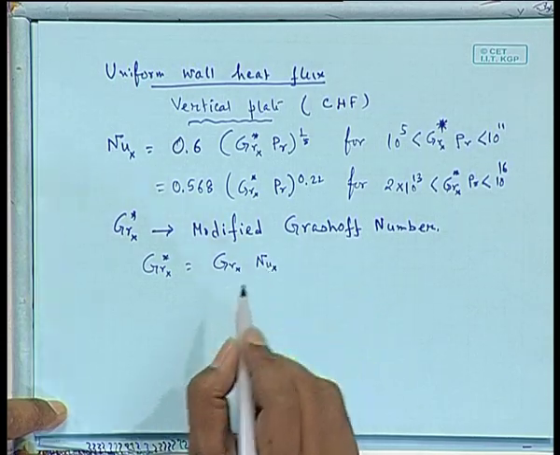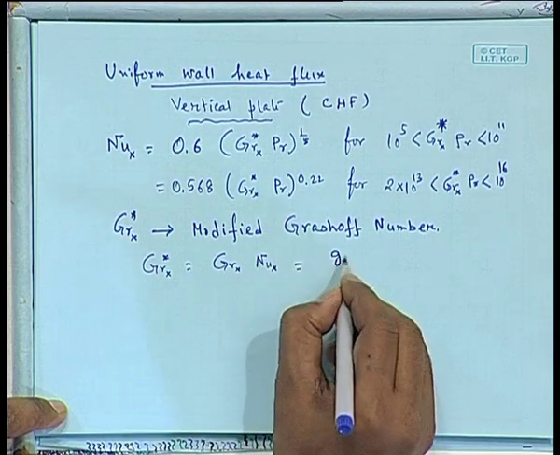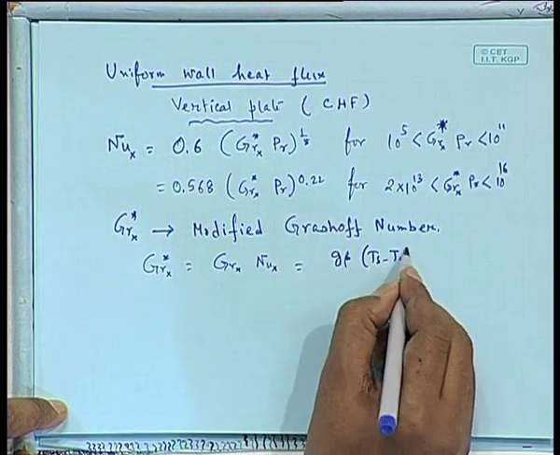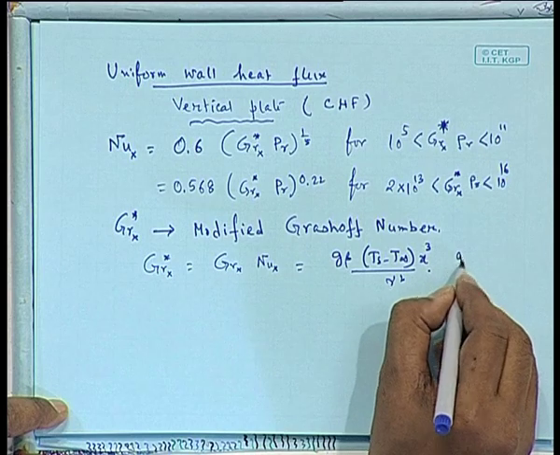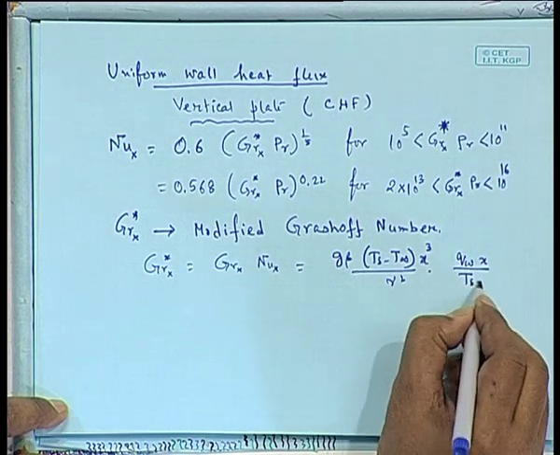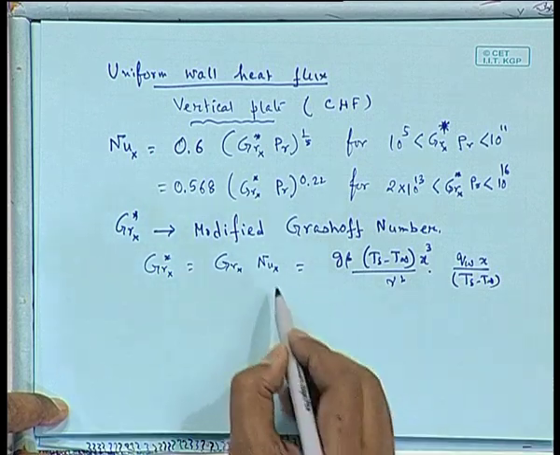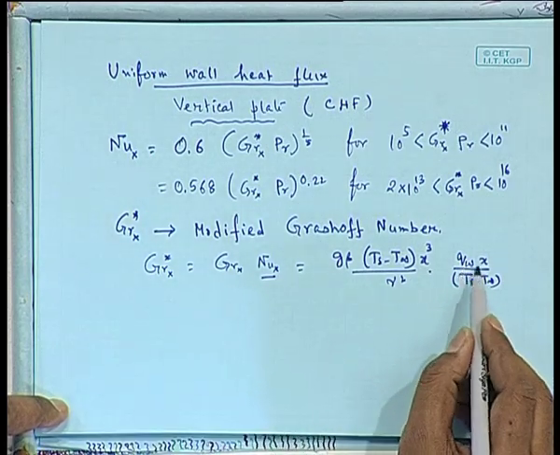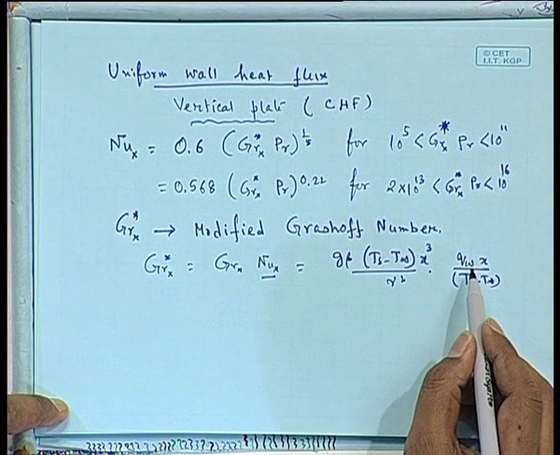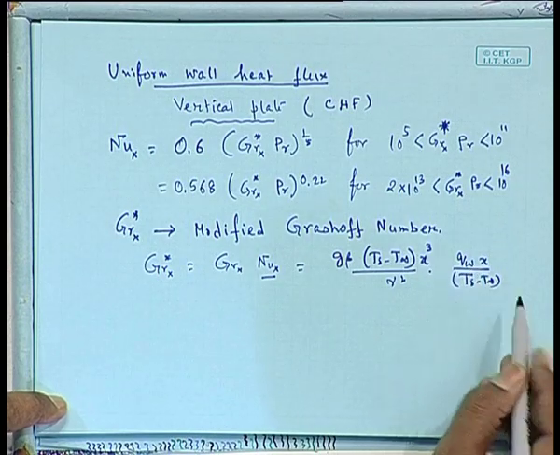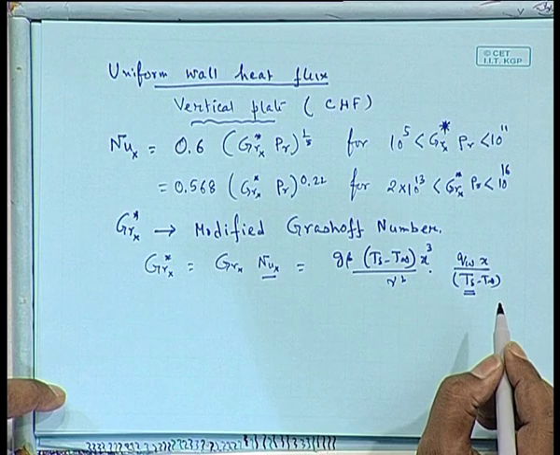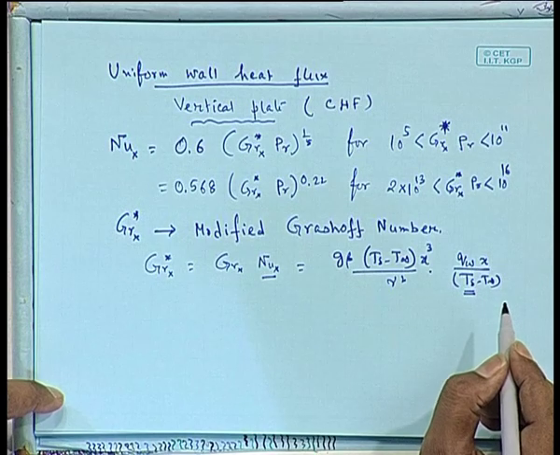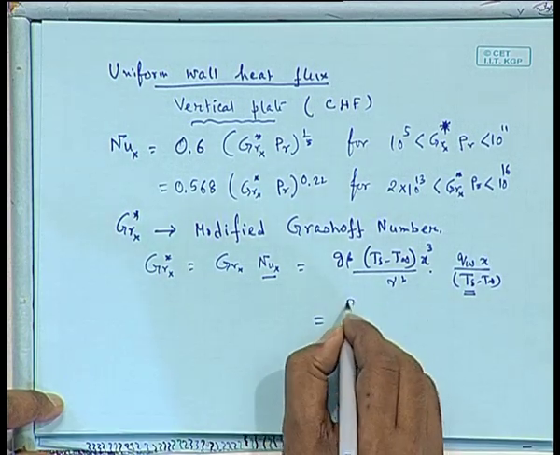This is the local Nusselt number, and it is defined in this way: g beta (T_s minus T infinity) x cube by nu square, times q_w x by (T_s minus T infinity). Now, Nusselt number will be defined in this case based on the heat flux. Because you do not know the Ts. So, what will you do? Anyway, just think about it, we will come to it later on.